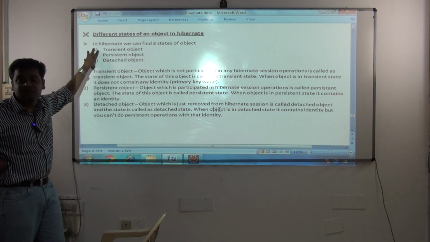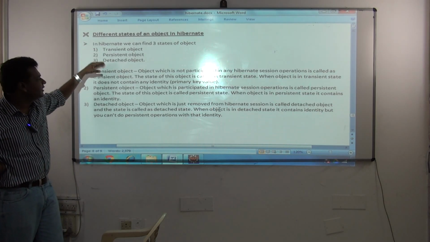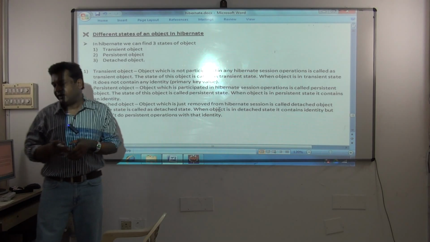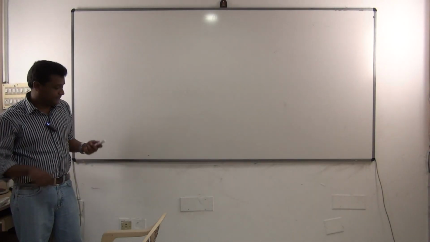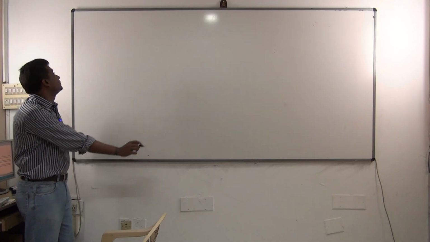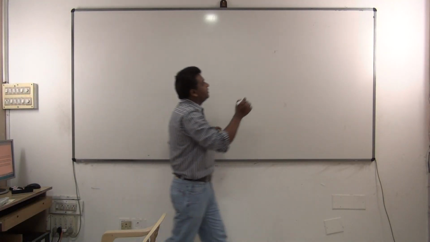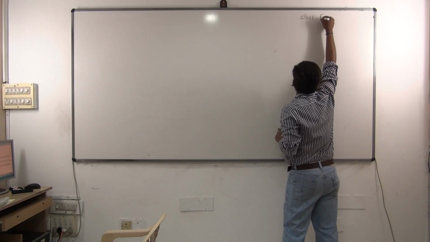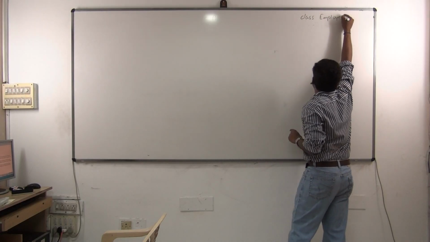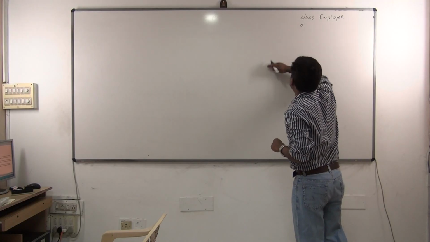First I'll explain this with code. After explaining with code, I'll explain the theory part for you. Assuming that I'm having one class here called Employee. It is the entity now.